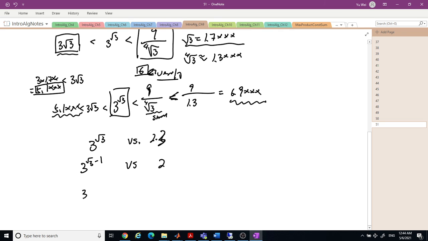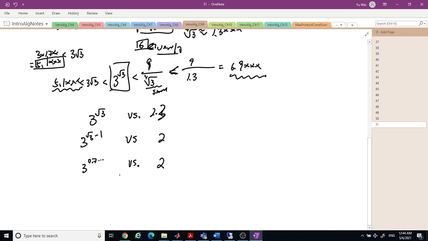So this one is 0.7 something, right? Versus 2. So how to compare with this, right? We'll only compare with the integer powers, right? So basically, let's multiply by 2, we get 3.7 something something versus 2 to the power of 10.